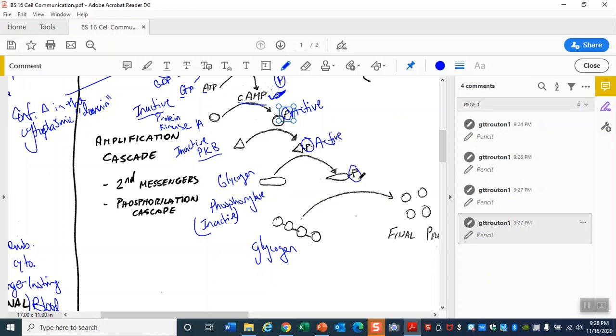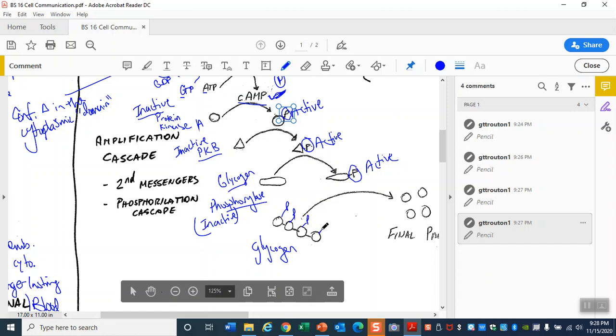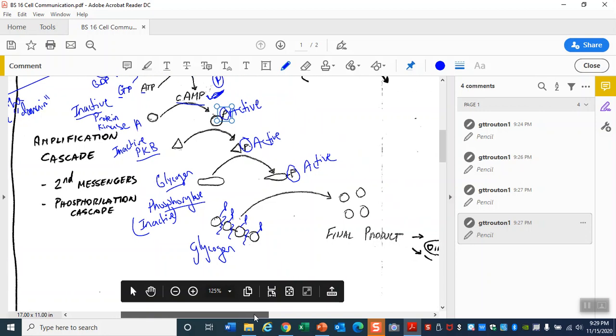Remember, you're passing the baton. The baton is energy, right? This phosphate group is going to destabilize, it's going to energize these molecules. So you give it the phosphate group and you turn it on. You activate it. Active glycogen phosphorylase is going to phosphorylate glycogen. It's right there in the name. So you're going to add phosphate groups to your glycogen molecules, and that will separate your individual glucoses.